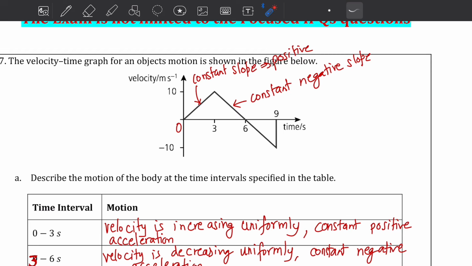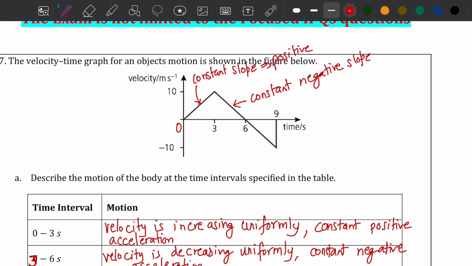Then from 6 to 9 seconds, which is from here to here, we can see the object has got negative velocity. So it was having positive velocity, now it has got negative velocity. And if you talk about speed, that is without the sign, we can see that at 6 seconds the speed was 0, and at 9 seconds the speed here is 10.